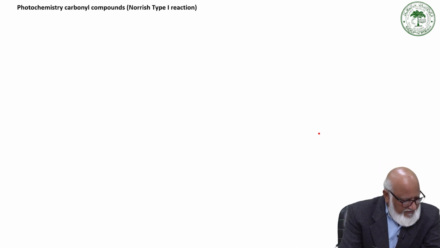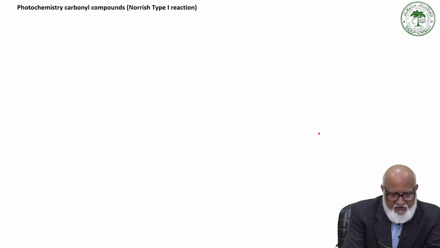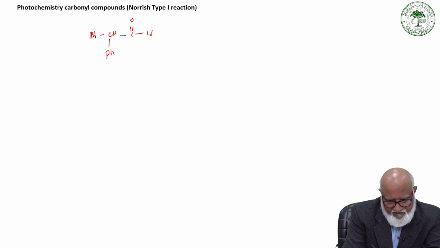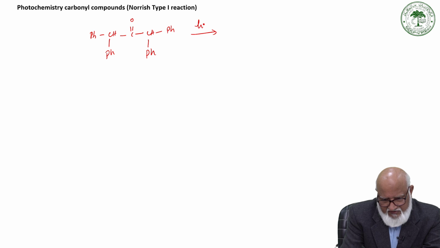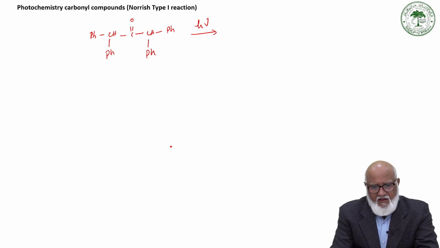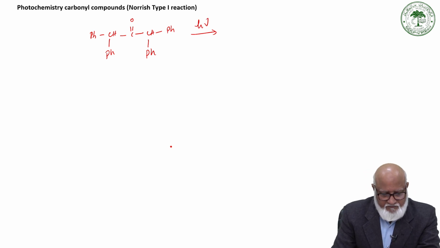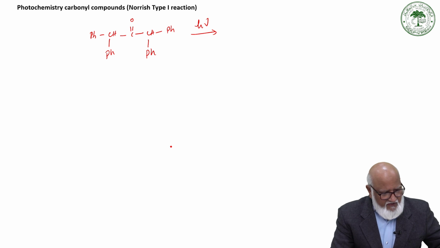So let us see more examples. If we have a starting ketone like this, CH, C double bond O, CH, PH, what type of photochemistry will this undergo?